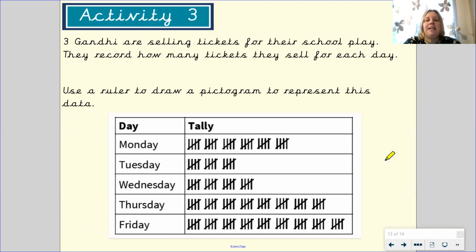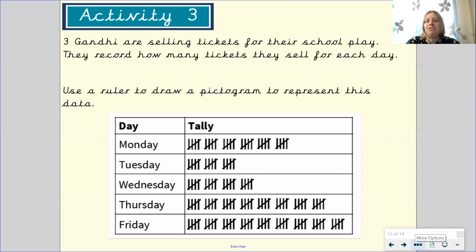Activity 3. Pupils are selling tickets for the school play. They record how many tickets they sell for each day. Use a ruler to draw a pictogram to represent this data. So you need to draw your own pictogram to show this, and you need to think of a symbol that you could use to represent the tickets.